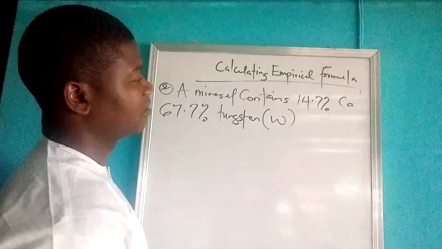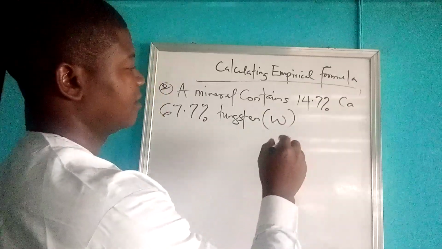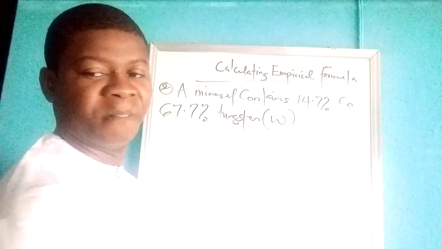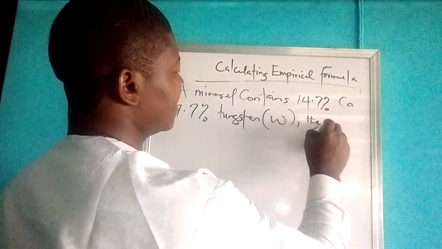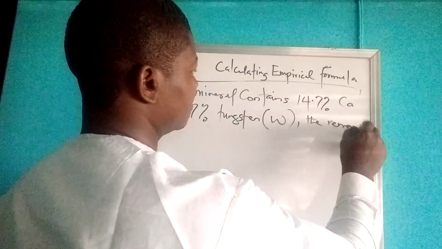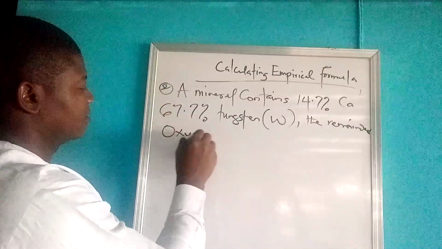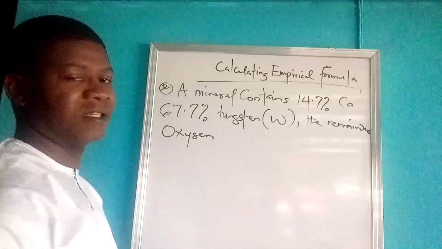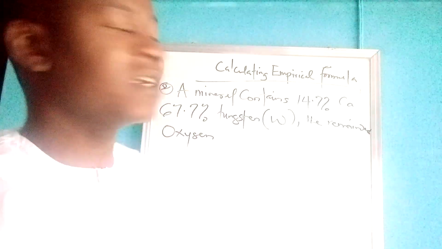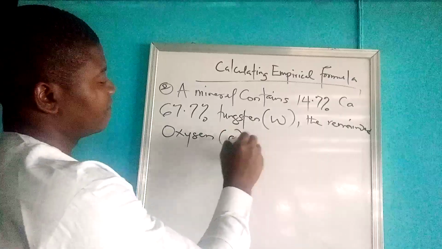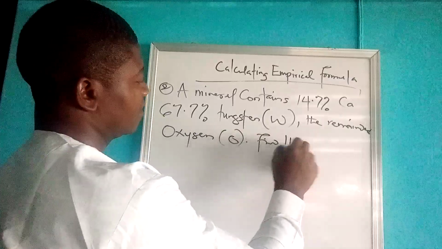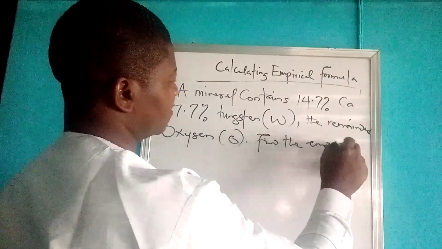That's the symbol W. Then we are told that the remainder of the mineral is oxygen. So we are asked to find the empirical formula.